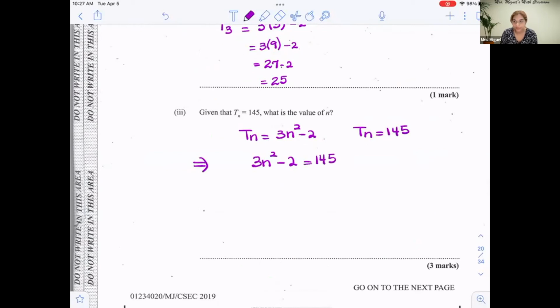I am sure that there is somebody in class who did not work out this part, so I'm giving you a couple minutes, and this is worth 3 marks. So go ahead.